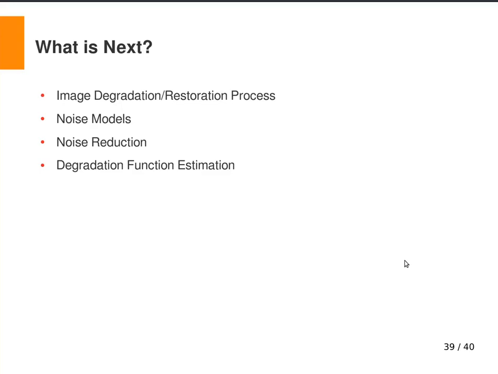I'm going to talk about noise models and noise reduction using different types of filters, and then I'm going to introduce different ways to estimate the degradation function and how we can use these estimates to eliminate the effect of noise or other types of artifacts that are common in images.